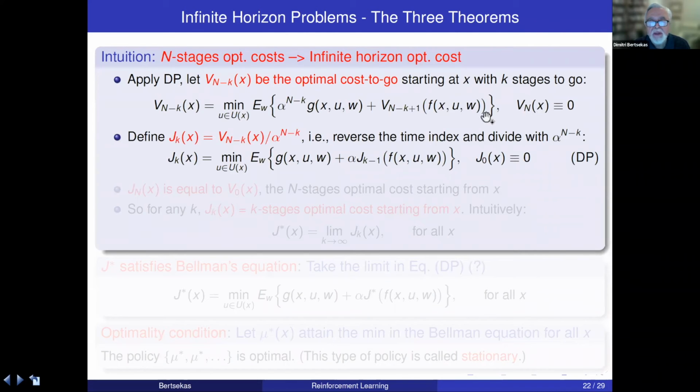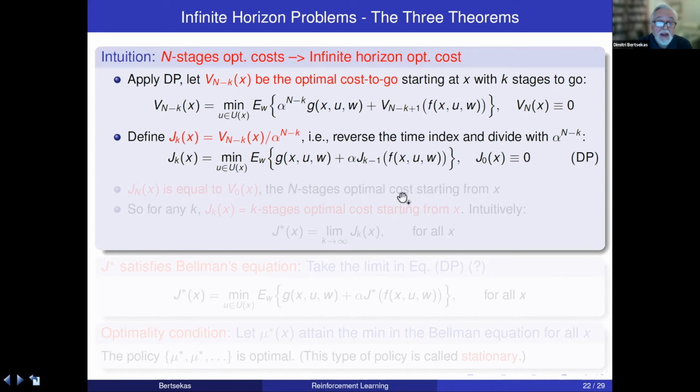And let's, in this equation, reverse the time index, divide by alpha to the n minus k, do the calculations and call this j k sub x. Then we obtain this formula, which goes forwards. This is a dynamic programming algorithm that goes forwards and does not depend on the horizon n.